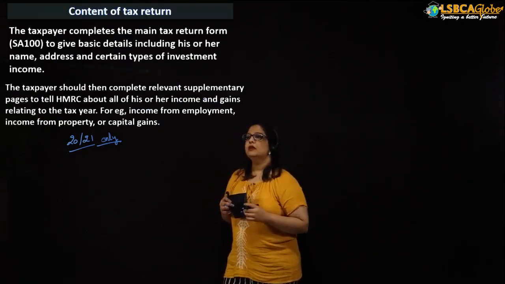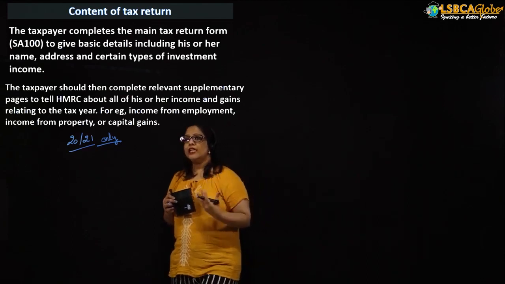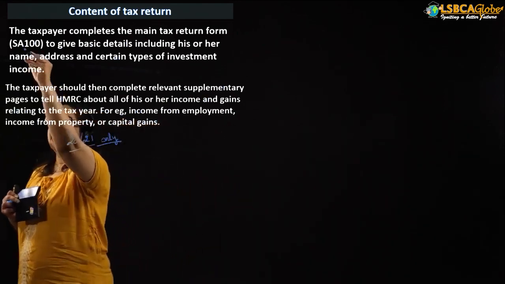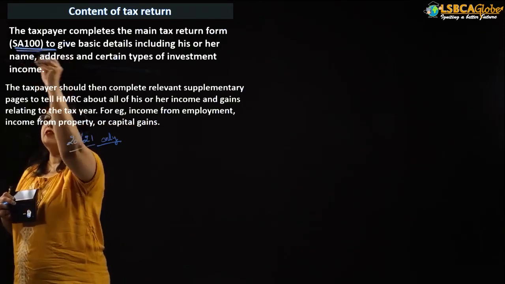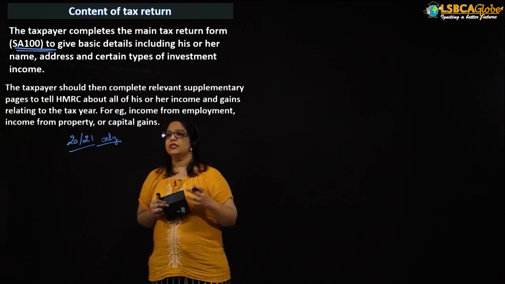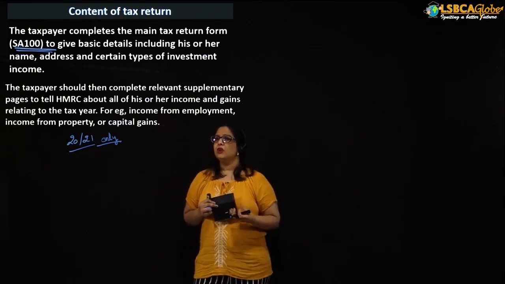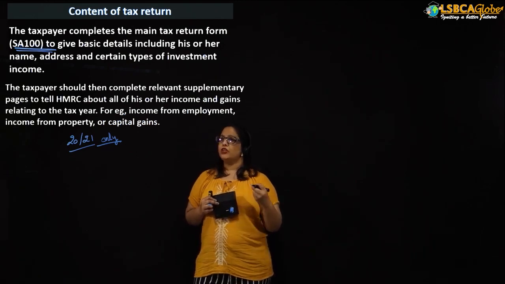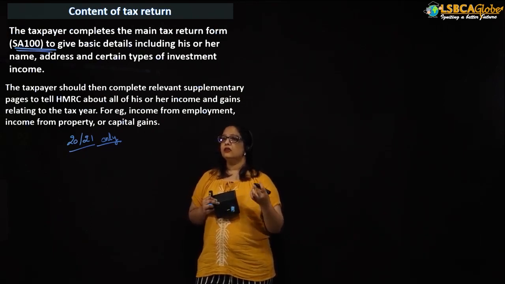Now class, listen. When the person files the return, the main form is called SA100, which gives basic details like what his name is, what his address is, and the different types of investment income. So such details are included in the main tax return form.